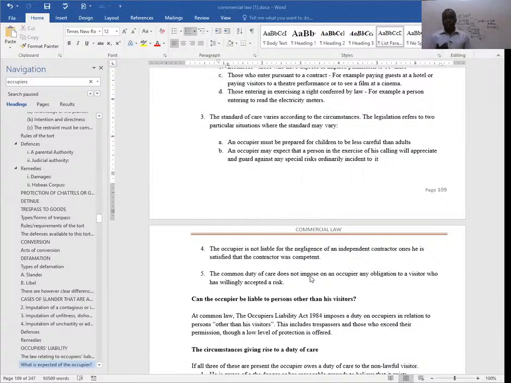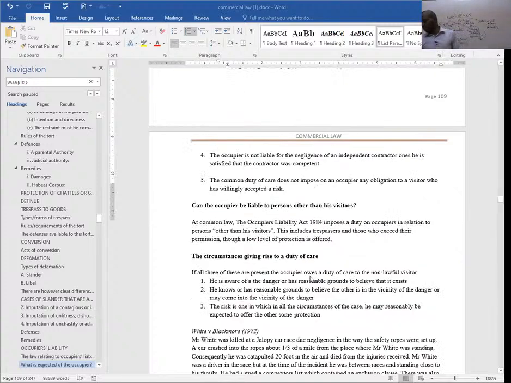A failure to do so means the occupier of that property can be held responsible under what we call a tort known as occupier's liability. He has failed in his responsibility with regard to those who are visiting his or her property.